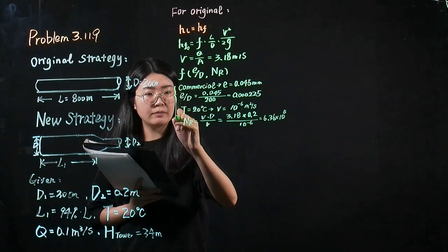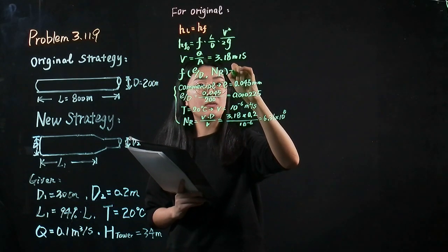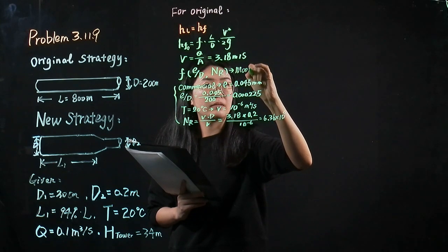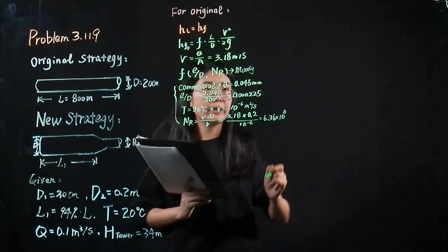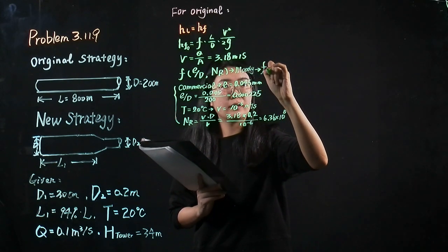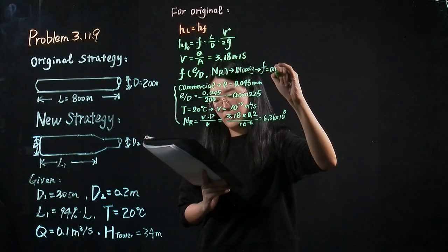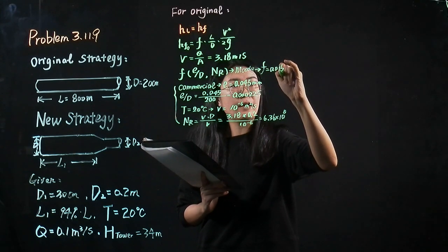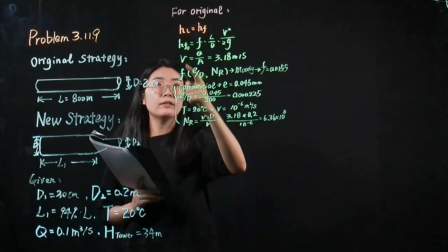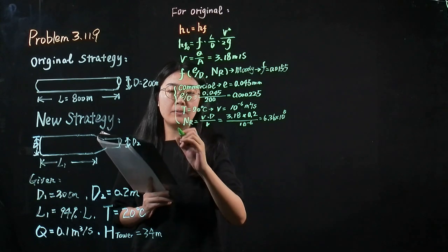So based on the relative roughness and the Reynolds number, according to the Moody diagram, we can know that the friction factor is equal to 0.0155. Then we can calculate the friction loss for the original pipe.